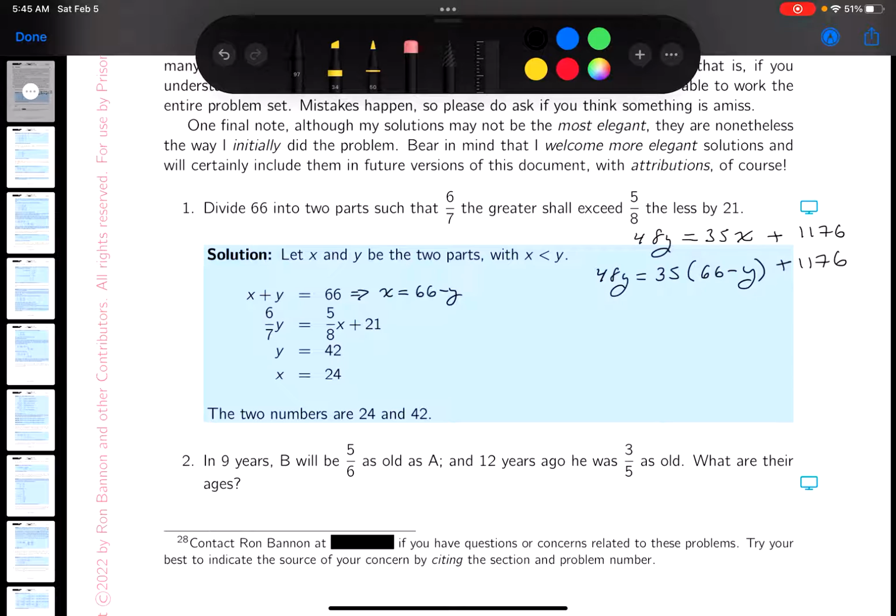All right, so what I want to do is do the arithmetic again. And I get 48y equals, well, I've got to do 35 times 66. Let's see, 6 times 5 is 30. 6 times 3 is 18, plus 3 is 21. Well, I multiply by 6 again, and you get the same result.